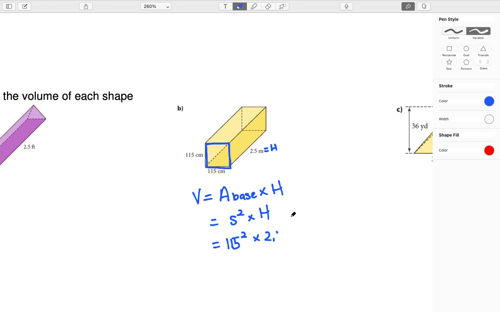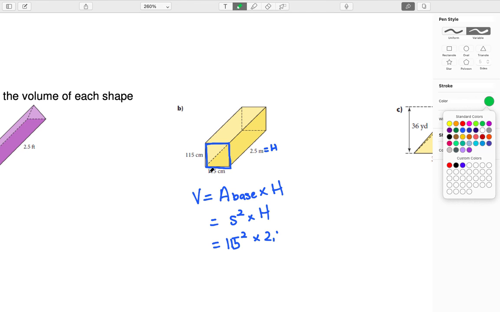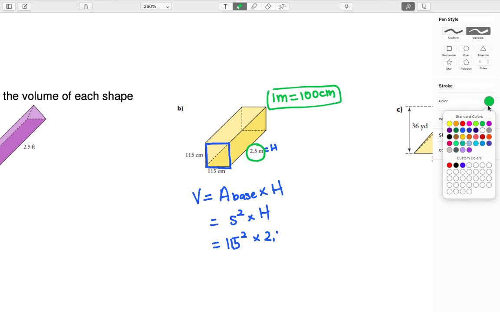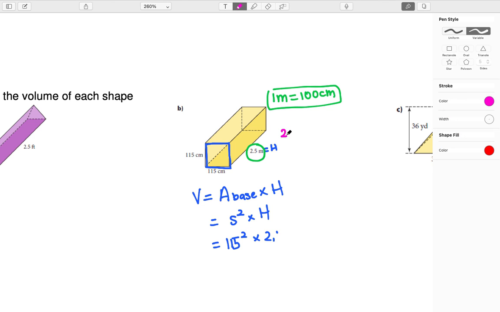Oops. Now keep in mind, you will notice that the units are different. My mistake. So I'm going to change meter to centimeter. If you look at your unit conversion, 1 meter is equal to 100 centimeter. So knowing this, write down the given, 2.5 meter.